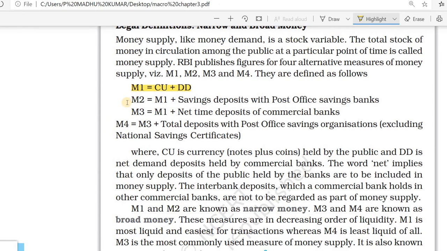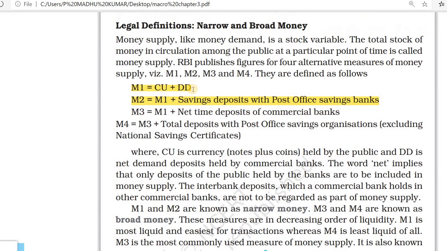Next one is M2. M2 means M1 plus savings deposit with post office savings bank. So M2 means currency plus demand deposit with commercial banks plus savings deposit with post office savings bank.